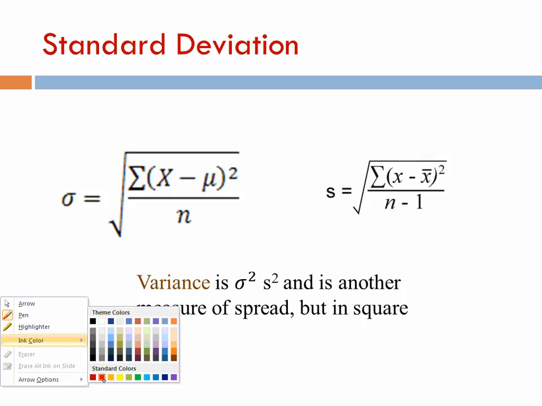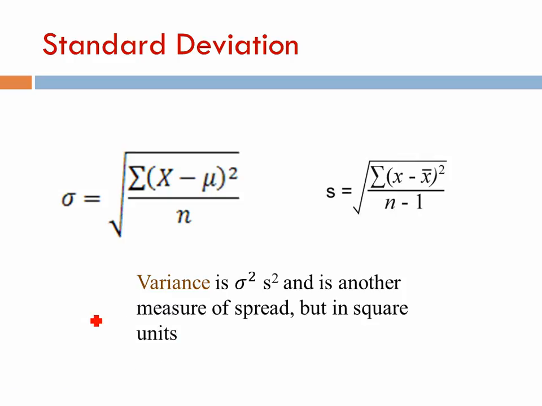Pen, ink color, red. Nothing's working. It is the square root of the average of the deviations of your data from the mean, or the squared deviations of your data from the mean. My thing just stopped working.